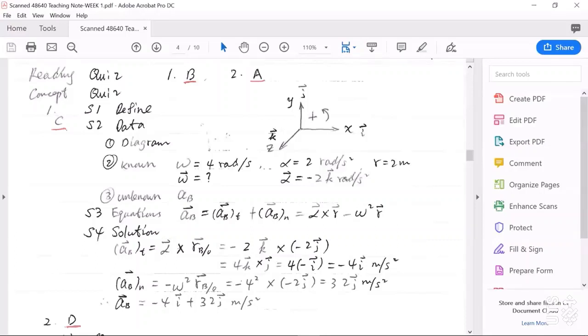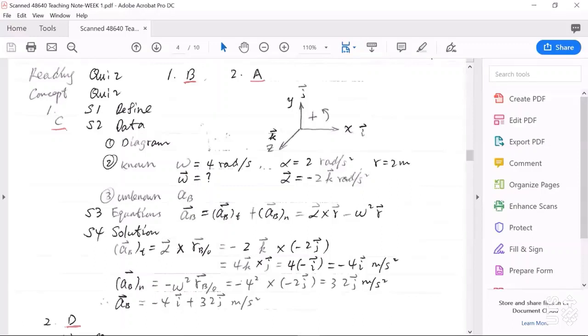The equation we can use is vector AB is equal to vector ABT plus vector ABN. So we need to work out these two components, then we can work out vector AB. Vector ABT is equal to vector alpha cross product vector RBO.